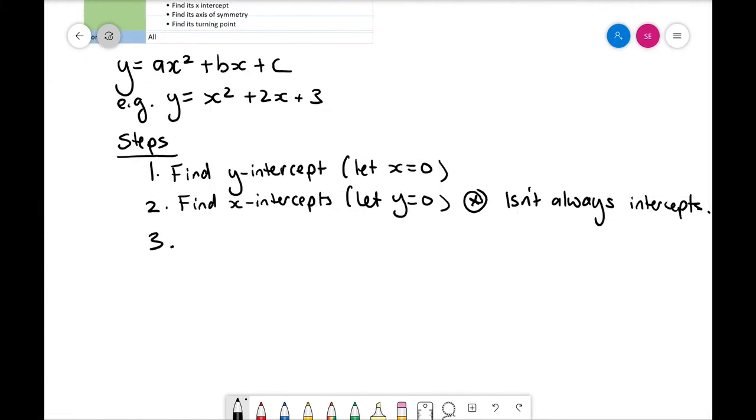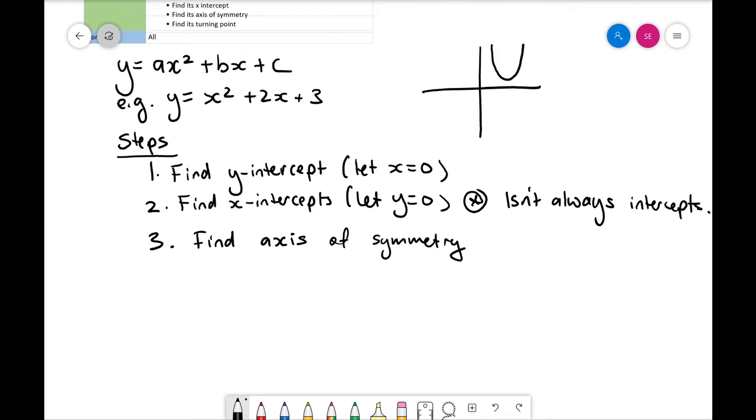The third step is we want to find the axis of symmetry. Now, if we have a quadratic equation and it looks like this, then the axis of symmetry is just the middle line here, where if it's flipped, it's symmetric.